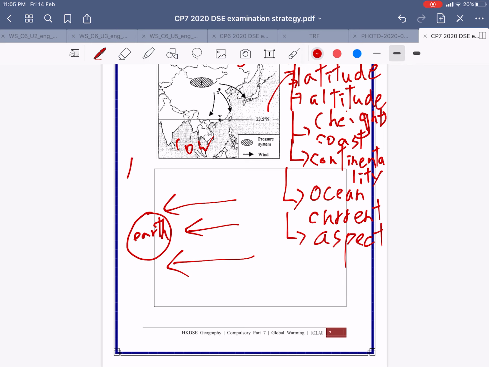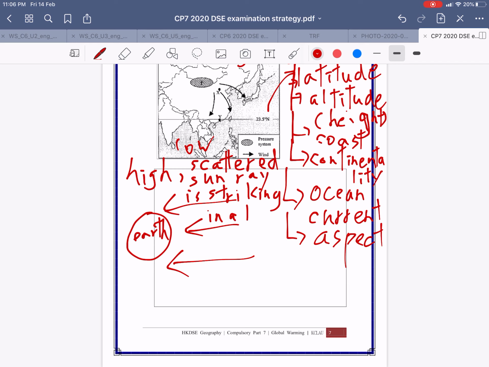For high latitude, it's not very concentrated. You have to tell that the scattered sun rays are striking a larger area.